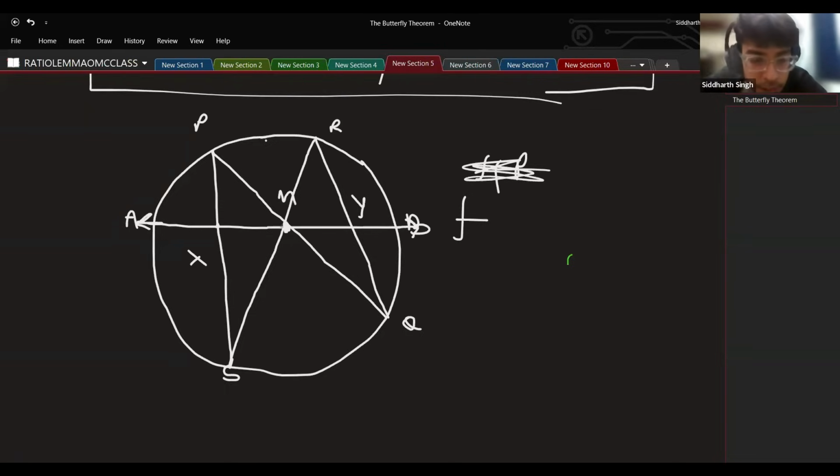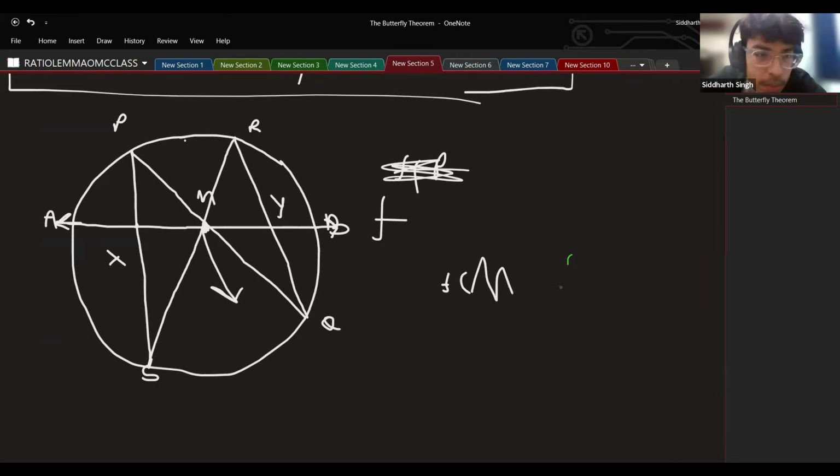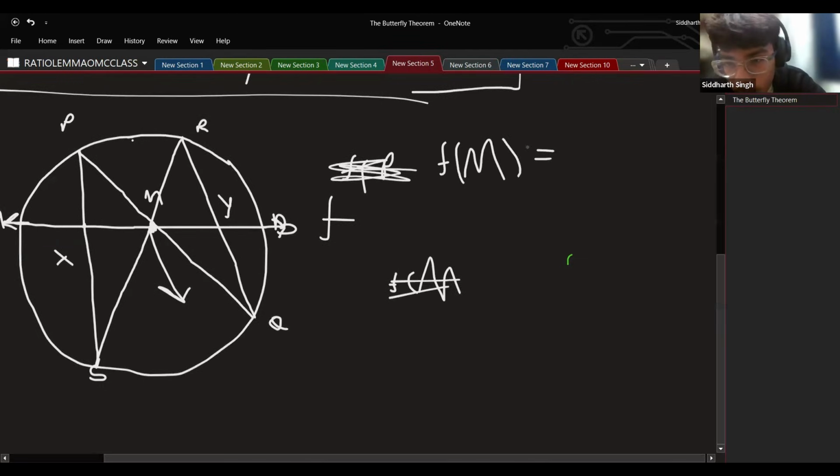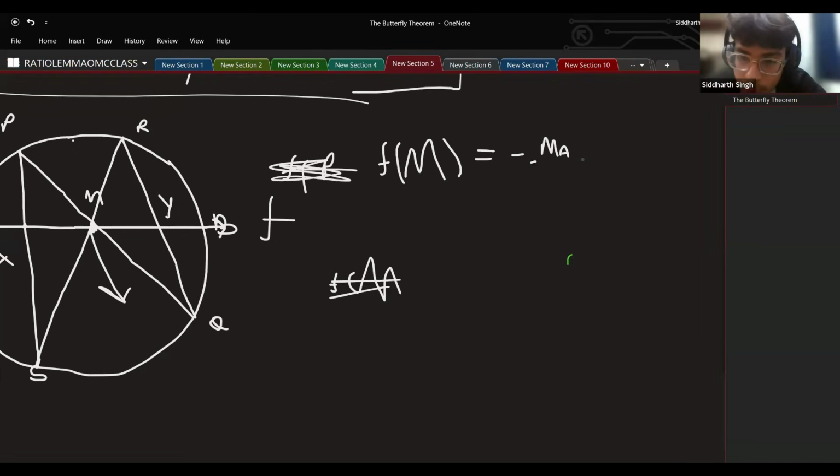So for example, M is easily obtainable because f of M is equal to minus 1 times MA over MB.